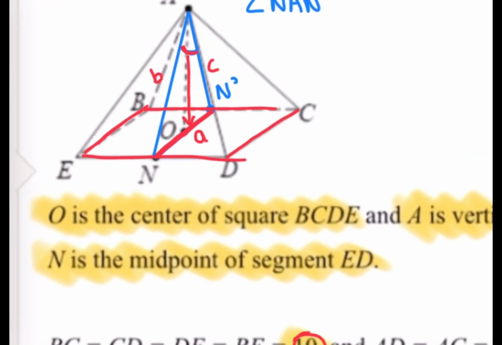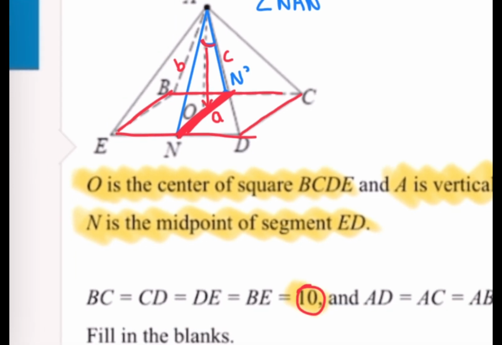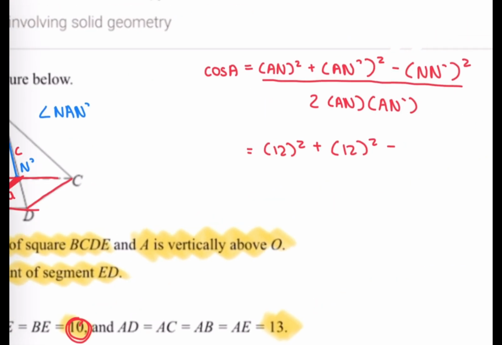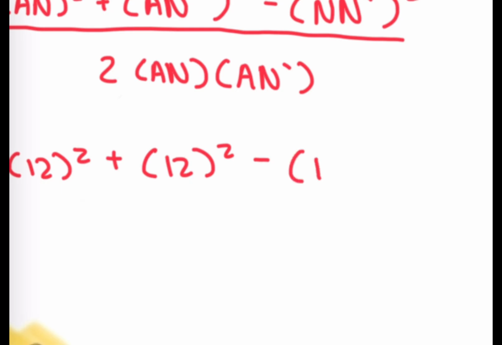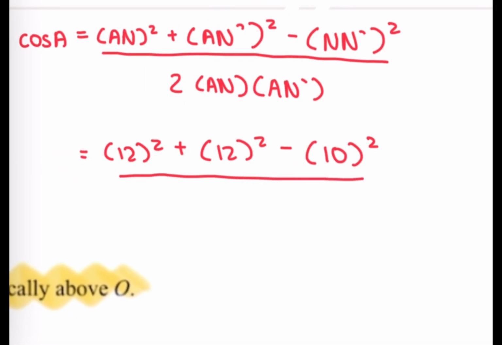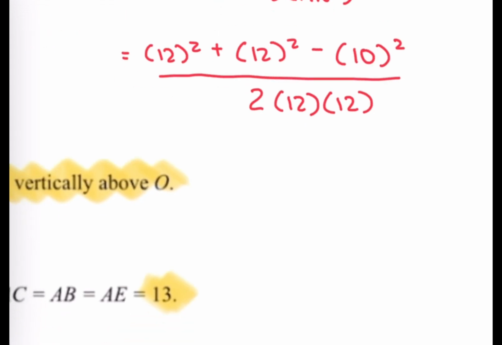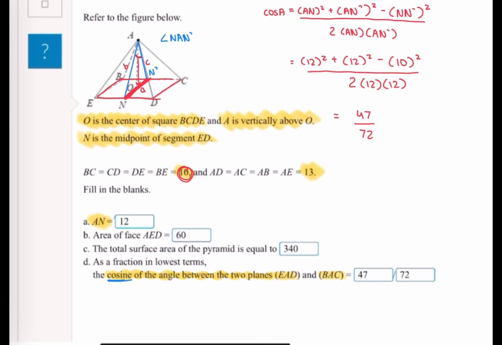So A is equal to 10. So then we do minus 10 squared, all of that over 2 times 12 times 12. Then you put that into your calculator and you end up getting 47 over 72. And that's your answer here.